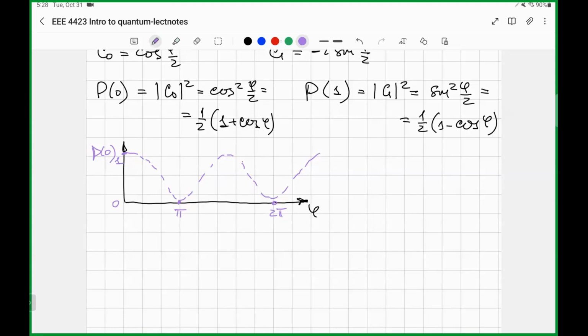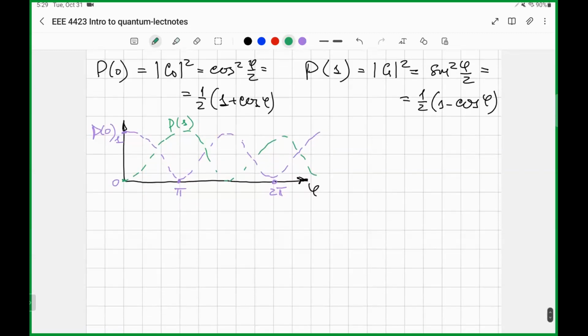On the other hand, the probability of finding state 1 goes like this. Okay, so for example, when the phase is pi, it's not possible to find the state 0 in the output, but the probability of finding state 1 is 100%. So for the perfect quantum system, we wouldn't be able to find state 0, and we find state 1.